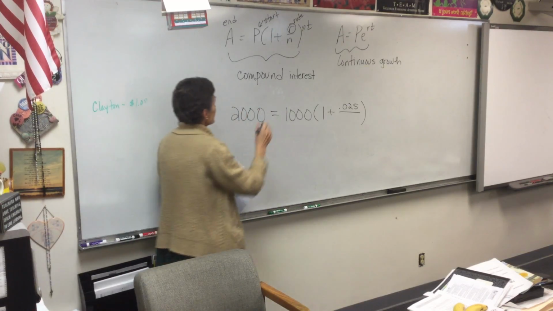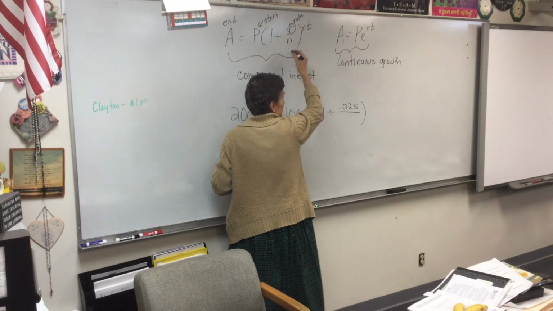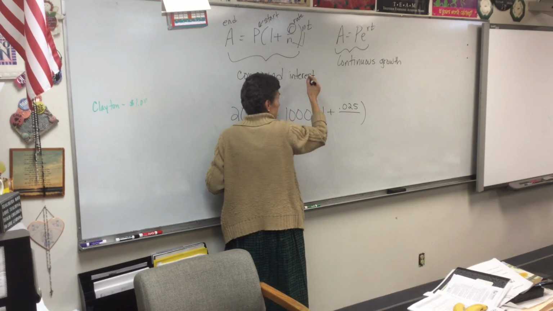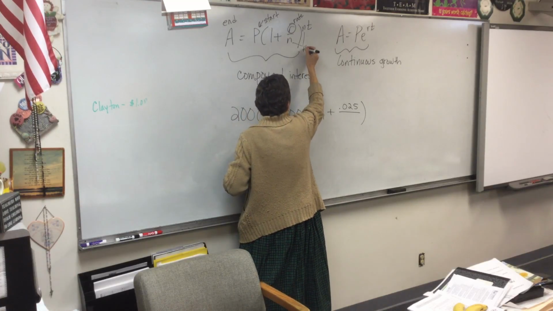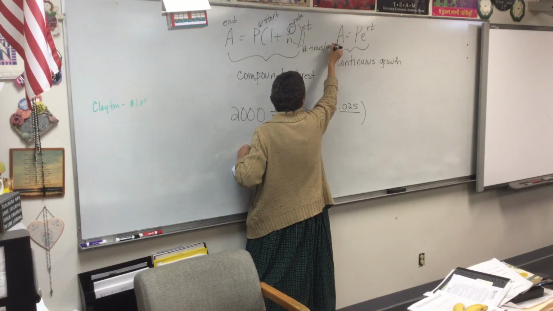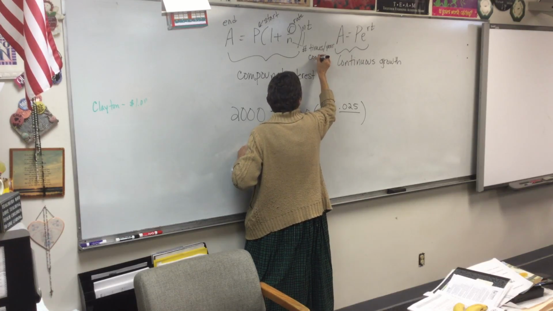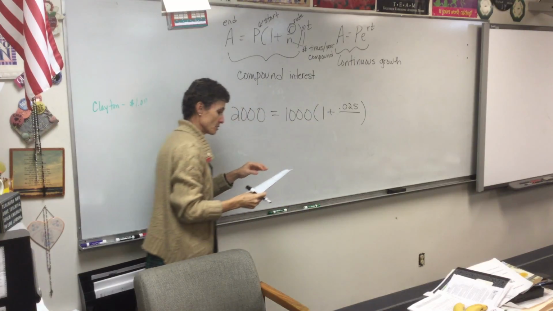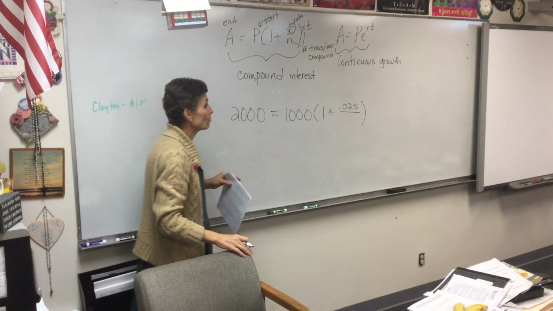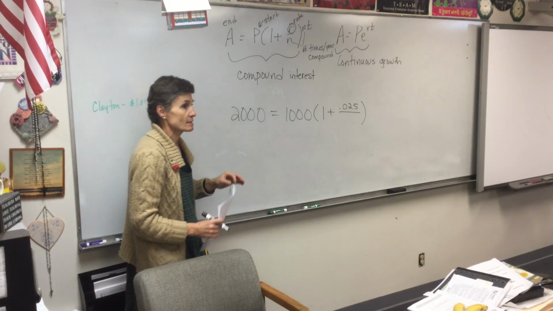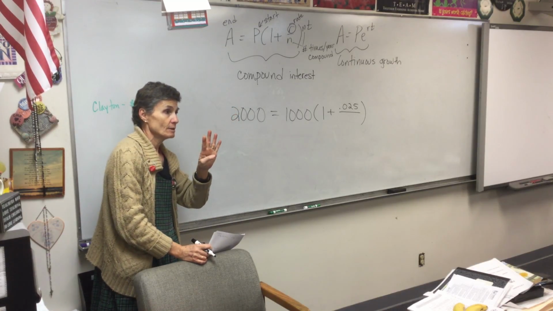Now the formula has 2 ends. Those are the same number. And that stands for the number of times per year that you compound. So when we say in this problem we compound quarterly, that means 4 times a year.